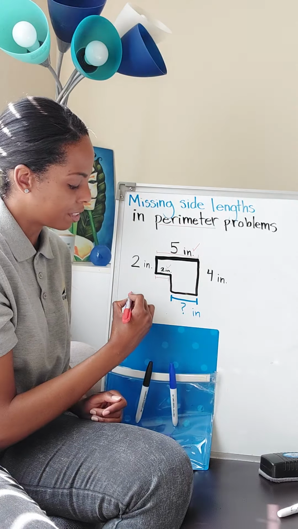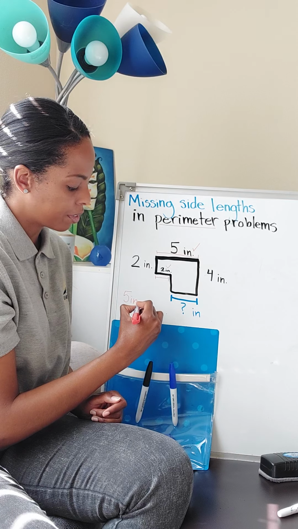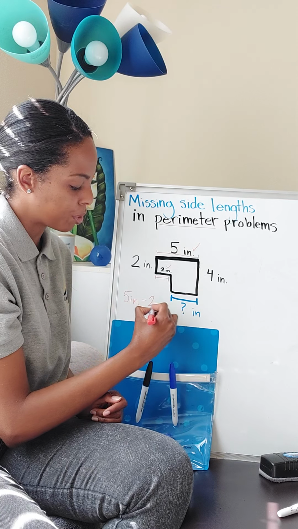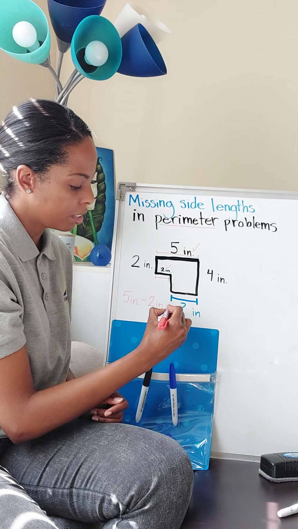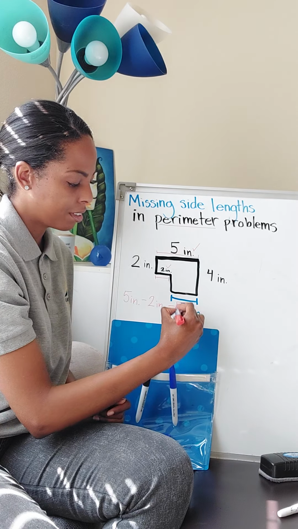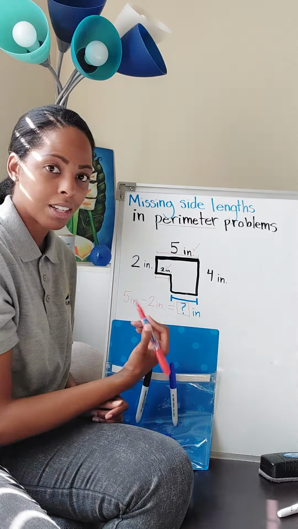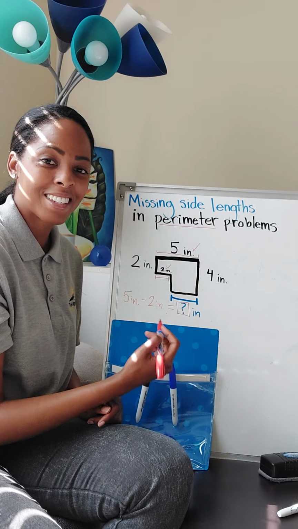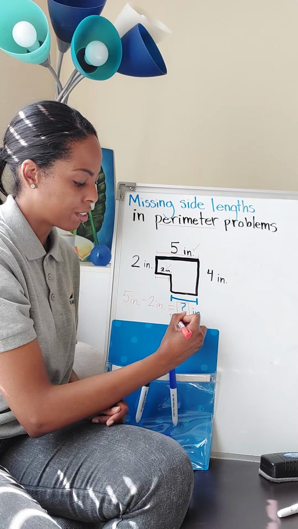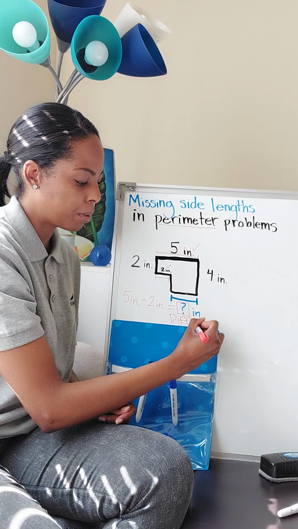So 5 inches minus 2 inches will give us the difference. The difference is the answer to a subtraction problem.